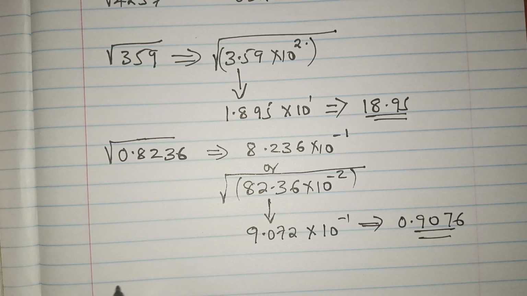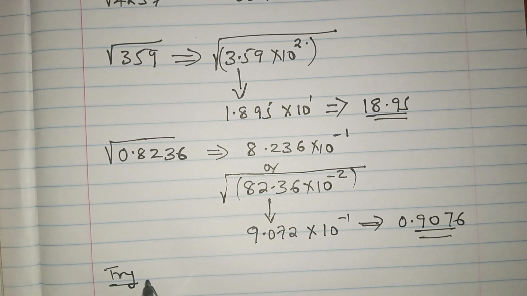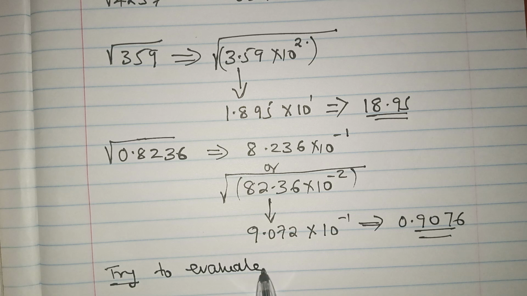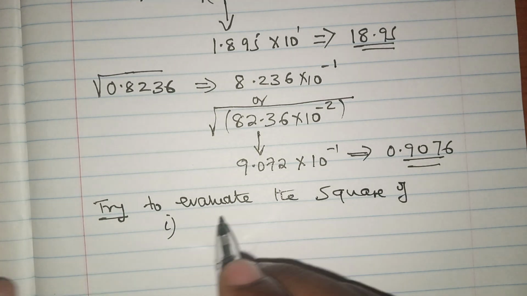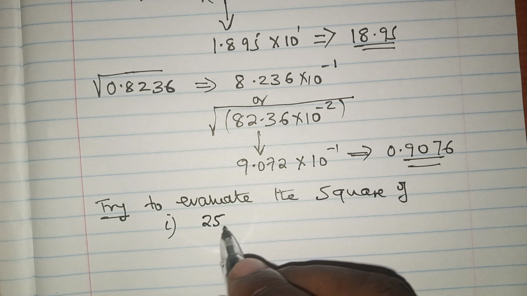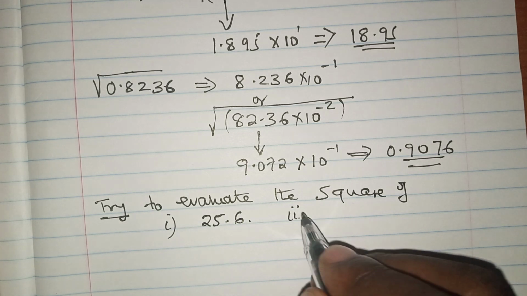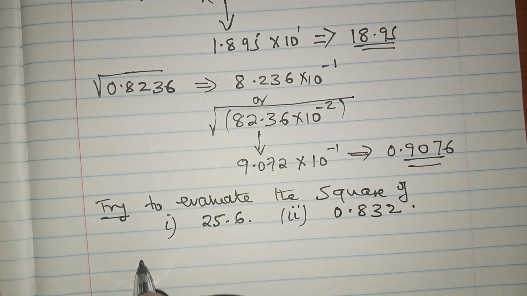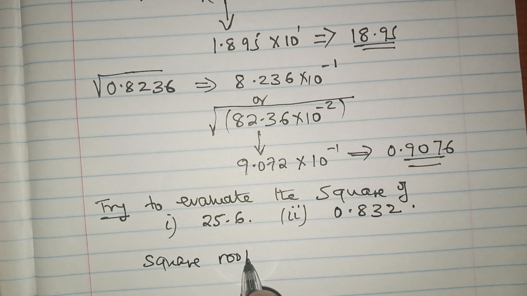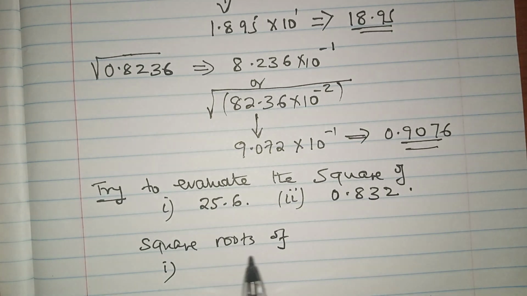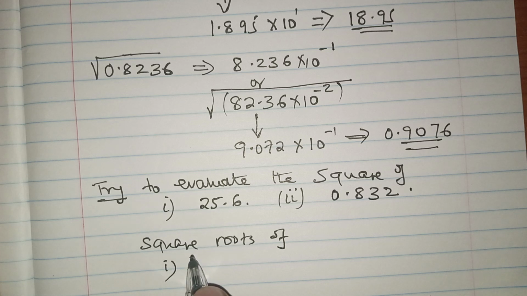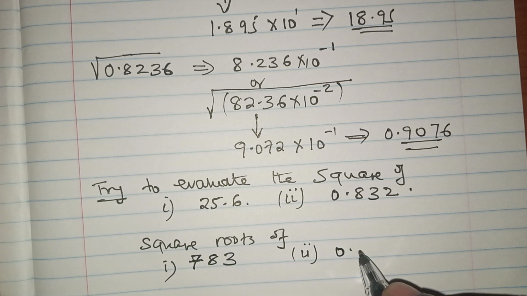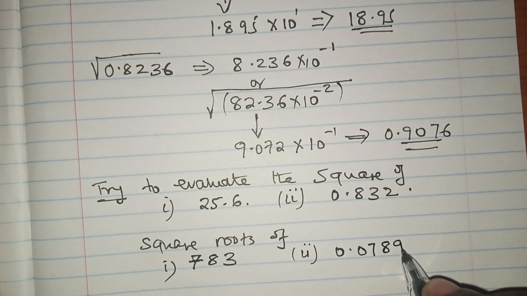So try to evaluate the squares of 1.25.6 and 2.0.832, the squares of those numbers, and then the square roots of 1,783 and 2,0.07892.